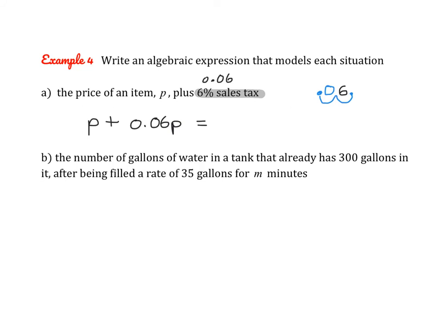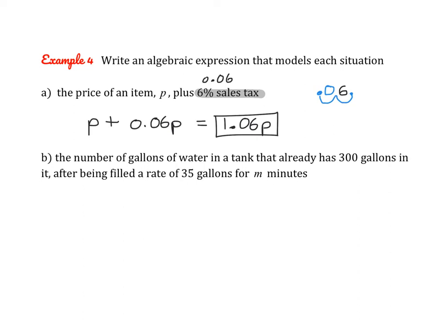And then since those are both terms with P, we can actually combine like terms and write it as 1.06P, right? Because this is 1P and then plus 0.06P. So using percentages, this is going to be a really common thing you do. So just make sure you change the percent to a decimal, and then you multiply it by the total value. That's how you find a percent of something.